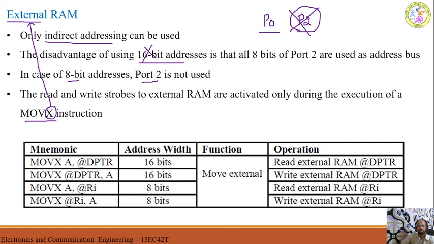Or we can have an external memory location pointed to by Ri, where Ri can be either R0 or R1, that is the 8-bit address. Here these two are the 16-bit address, whereas these two are for the 8-bit address.